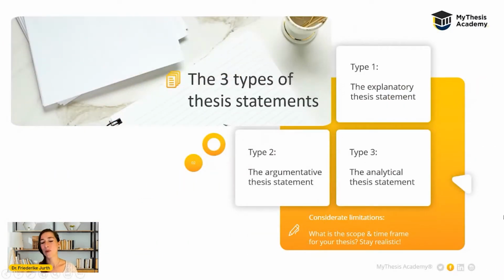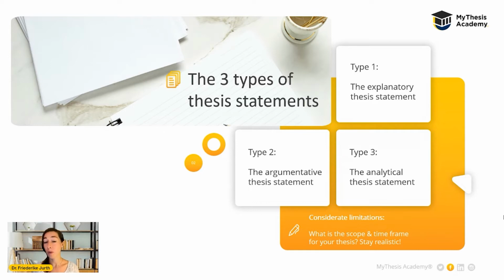Then I would like to share some information on the 3 types of thesis statements. First, you have the so-called explanatory thesis statement, which provides some information and focuses on facts. Then you have the second type, which is the argumentative thesis statement.